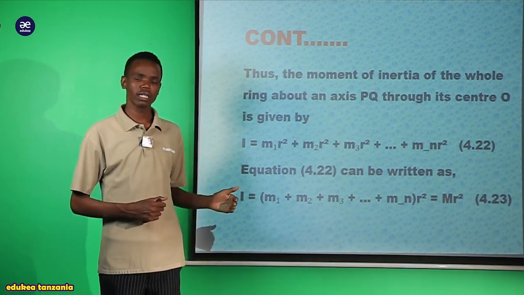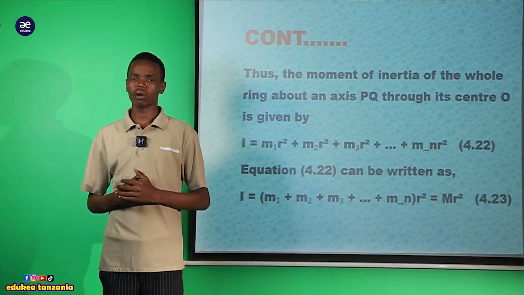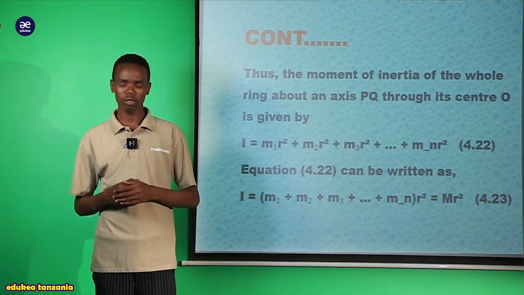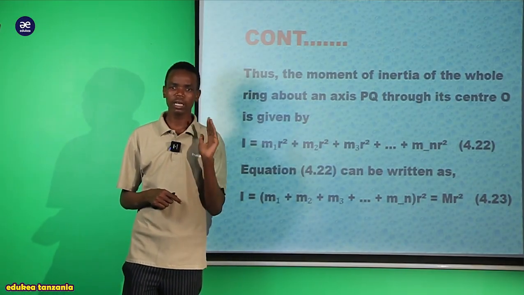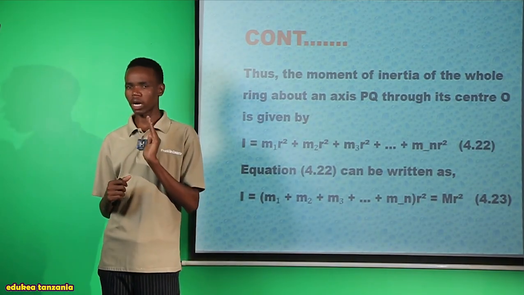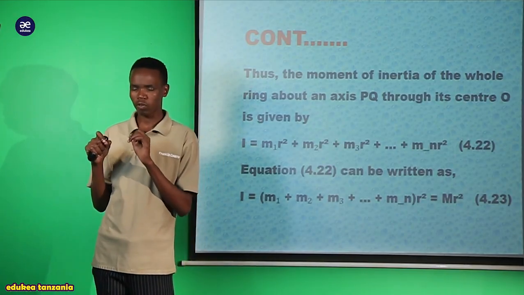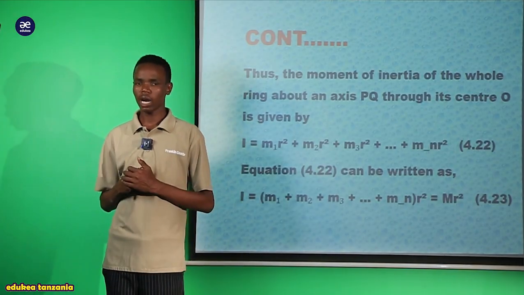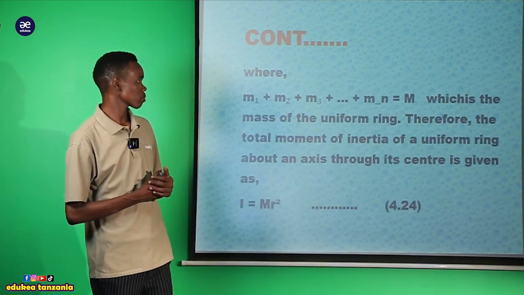So after there, this should be equation number 23 on our topic number 4, and we should conclude by saying that for the ring, the moment of inertia must be equal to m r square, but m represents the mass of the ring, while r represents the radius of the ring.